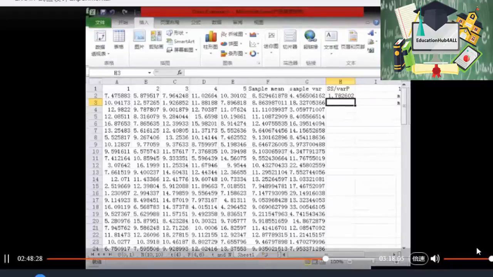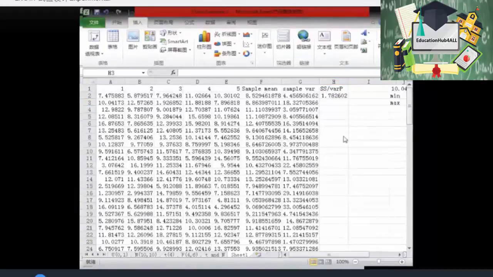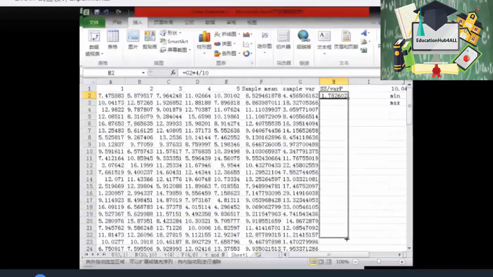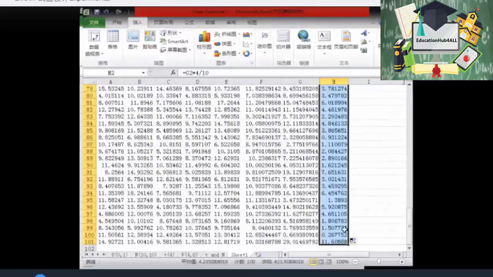If we consider all 100 or more of these values, they should follow a chi-square distribution with 4 degrees of freedom. So next we find this value for the 100 samples. We just drag down, and we have 100 of them.